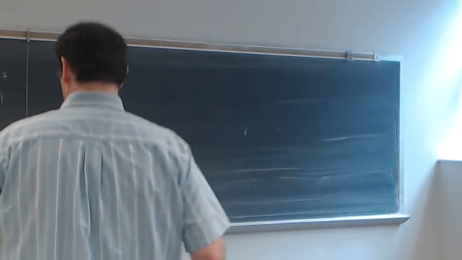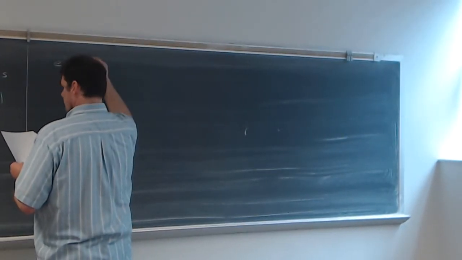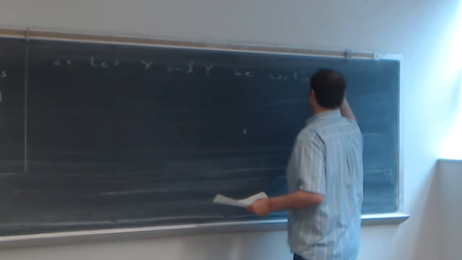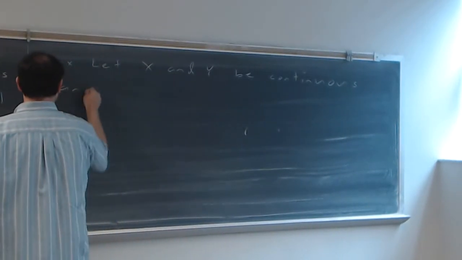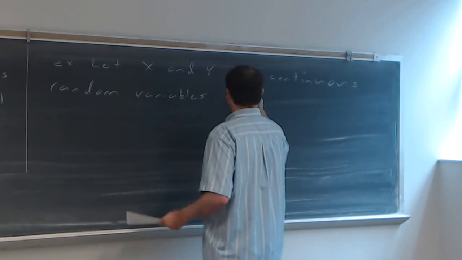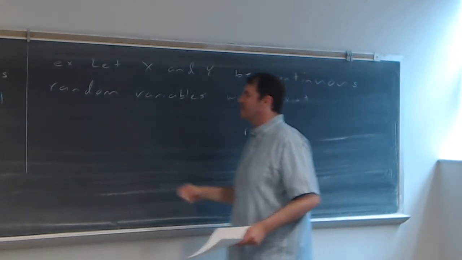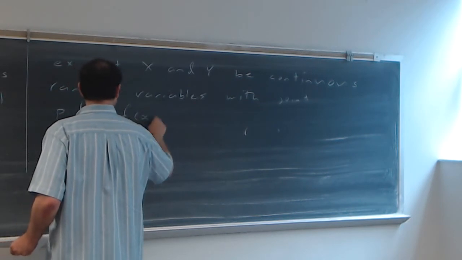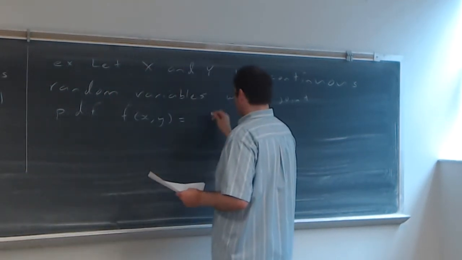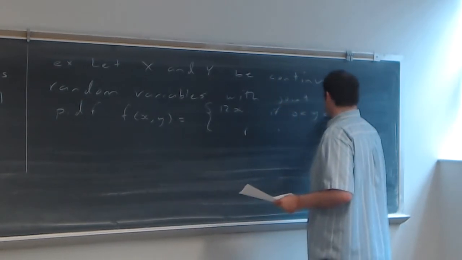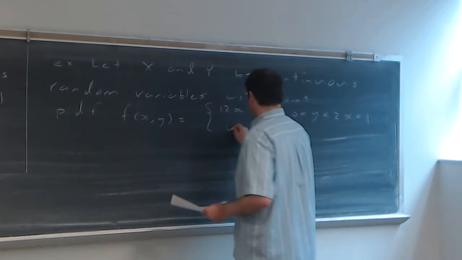Let's look at an example. Let x and y be continuous random variables with joint PDF f of x comma y equal to, that's an example we looked at before, 12x if 0 is less than y is less than 2x is less than 1, and 0 otherwise.